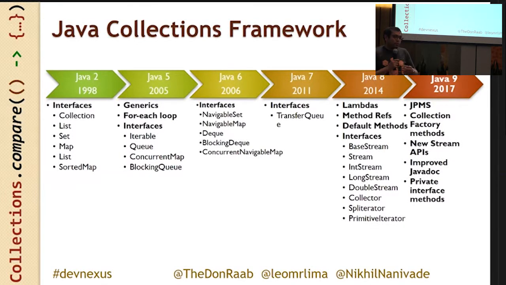You got the whole lambda style of programming, as well as the streams API, which is lazy and creates a pipeline, and we're going to see some code about it today. In Java 9, there were some improvements in the collections framework, but not as much as the Java 8 changes.